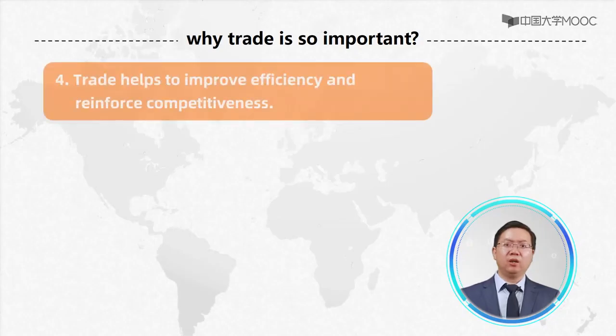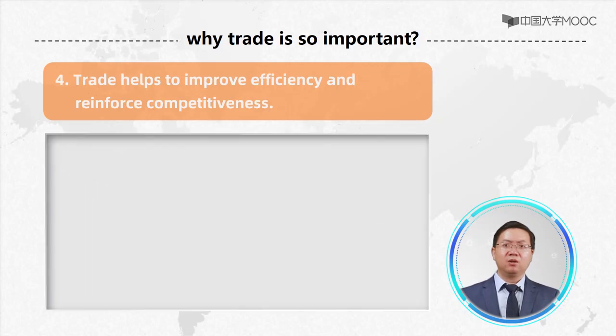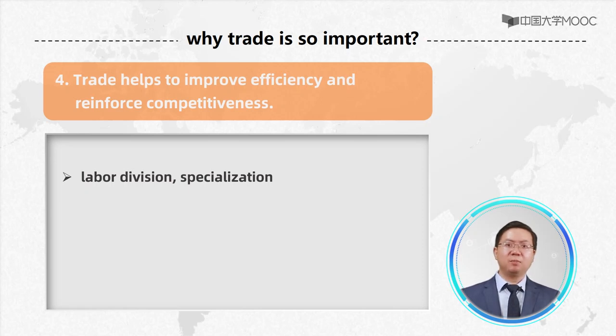Fourthly, trade helps to improve efficiency and reinforce competitiveness. Through trade and labor division, every country focuses on the production of some specific products. In this way, individual countries' and the whole world's efficiency are improved.